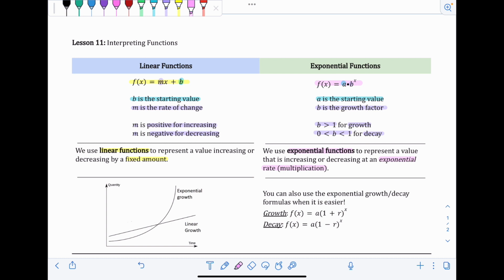So if you're doubling, you'd be multiplying by 2, or tripling, you'd be multiplying by 3, or cutting things in half, you'd be multiplying by a half. Exponential functions are multiplication, versus with linear functions, if you're looking at the change between the values, that would look more like addition or subtraction.